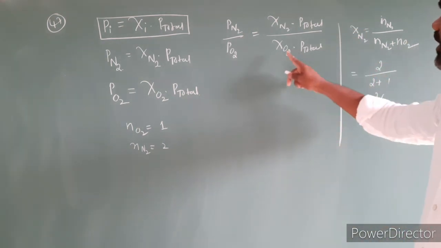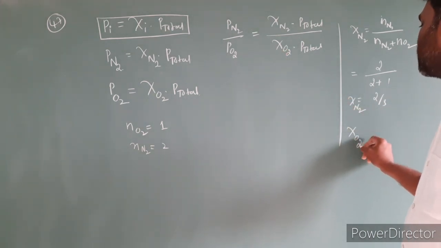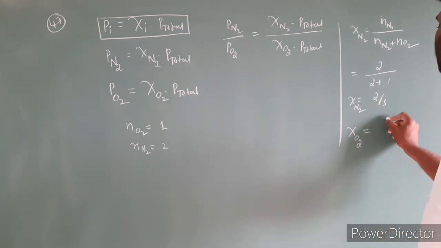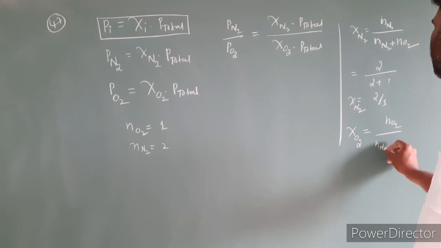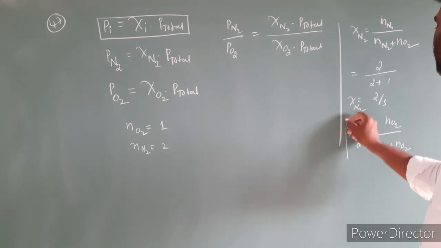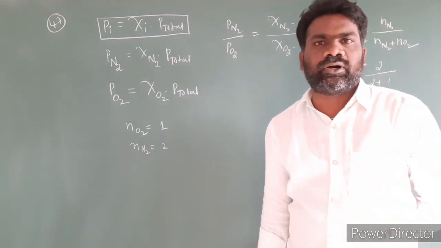Next we have to find the mole fraction of oxygen also. What is the formula for the mole fraction of oxygen? It is the number of moles of oxygen by the number of moles of nitrogen plus the number of moles of oxygen. The mole fraction is the number of moles of one component by the total number of moles of all the components.